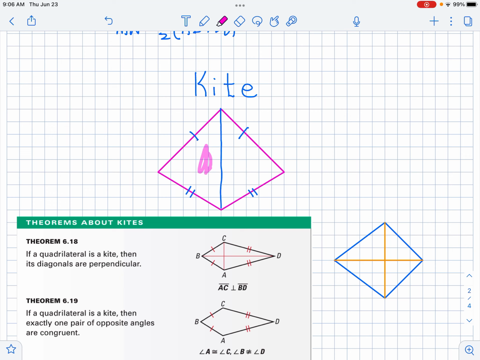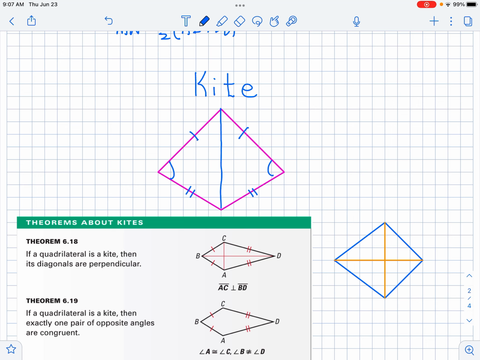You can see that to be the case because you have side, side, side. This side and this side are congruent, and this side is congruent to itself. And what that's going to mean is that this angle is congruent to this angle. So that's something that we can take note of.